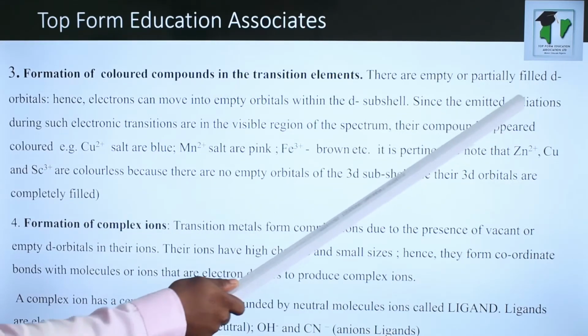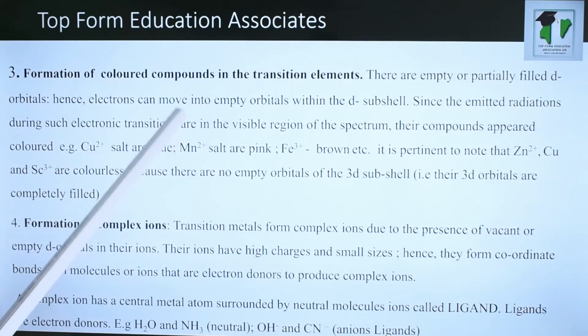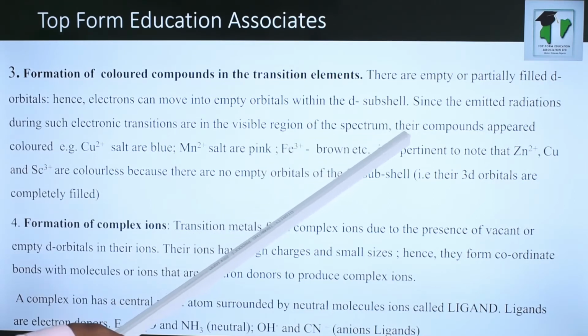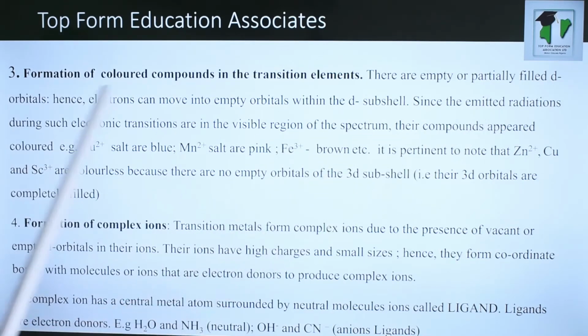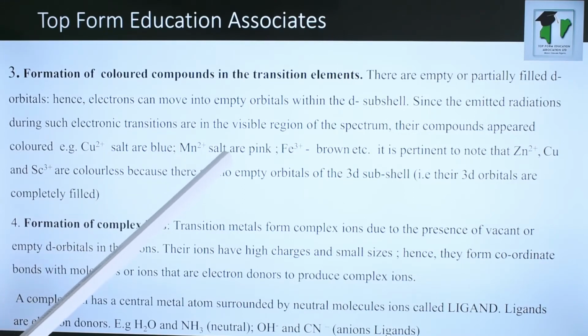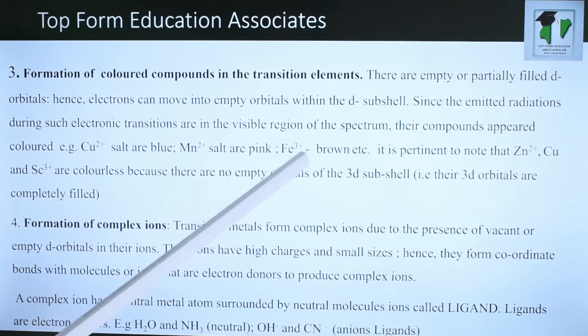Since the emitted radiations during such electronic transitions are in the visible region of the spectrum, their compounds appear colored. For example, copper(II) salts are blue, manganese salts are pink, iron(III) is brownish in color, and so many of them.